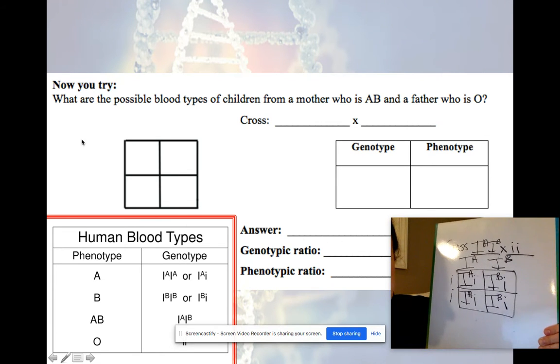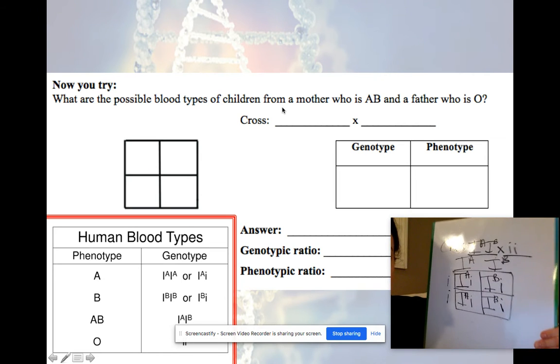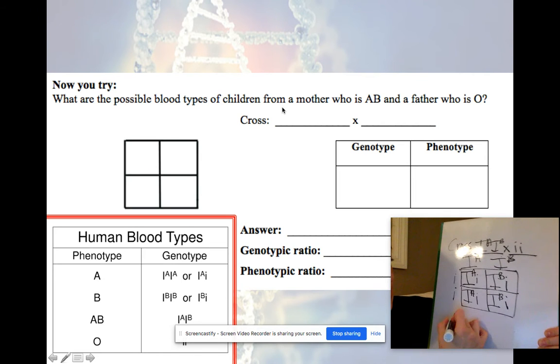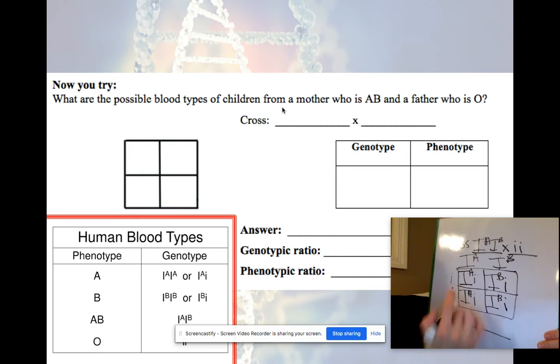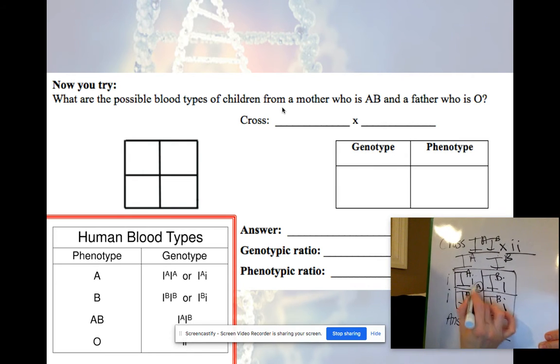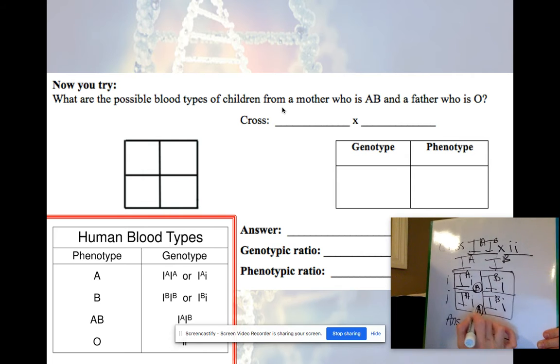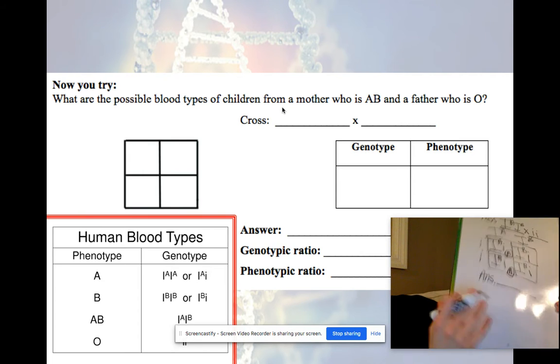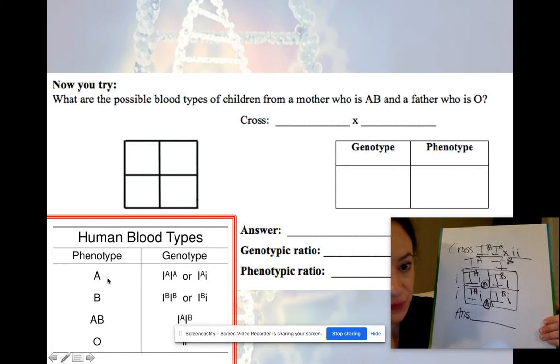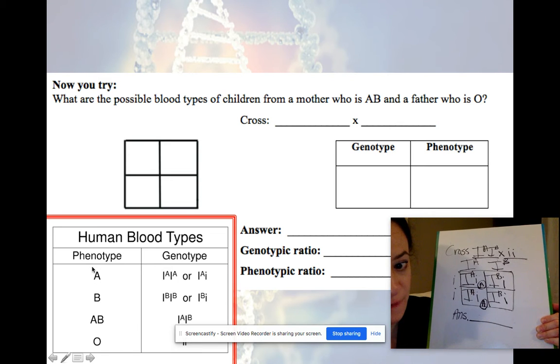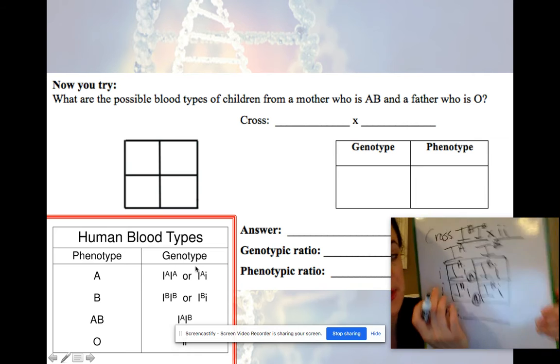And the question is, what are the possible blood types of children? So the answer to that is, well, this person is blood type A, and that person is blood type A. Because for the phenotype A, these are the two possible genotypes.